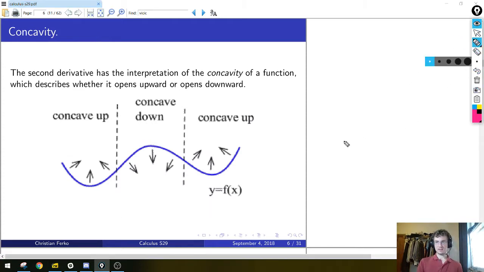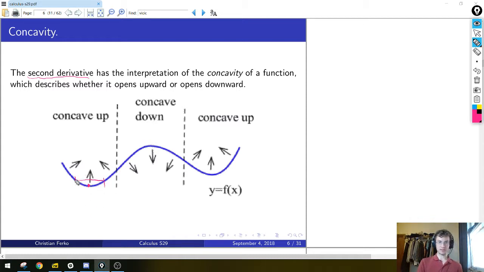One of the more interesting ideas, which we'll revisit in a few more sessions, is something I hinted at before: the interpretation of the second derivative as somehow measuring how different a function is from its average value at nearby points.